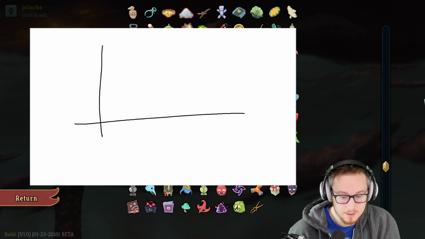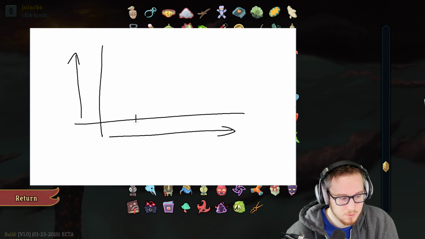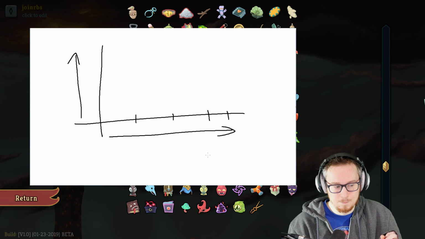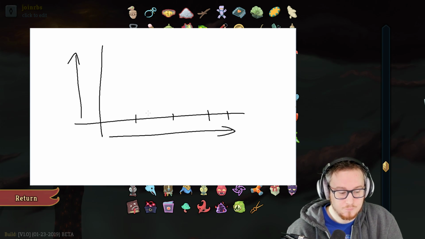So if you look at Slay the Spire, and we look at our utility in Slay the Spire, utility is about win rate. And so if this is our chance to win, and this is the number of floors we go through, for example, and here's the end of Act 1, Act 2, Act 3, and the heart. And specifically what I know is not our chance to win, but our chance to beat the heart with the deck we have right now.